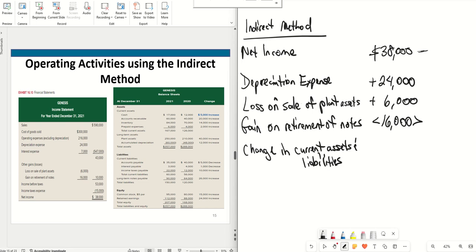All right. So I'm going to put on here increase in accounts receivable. And this is actually going to be, again, a subtraction of 20,000.